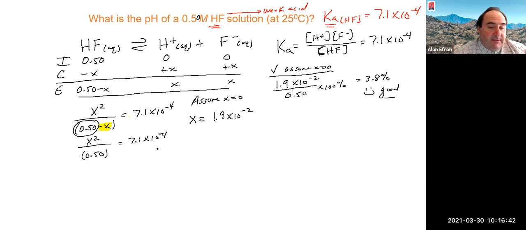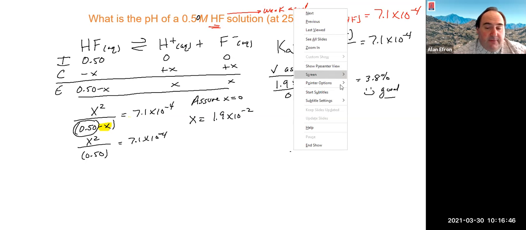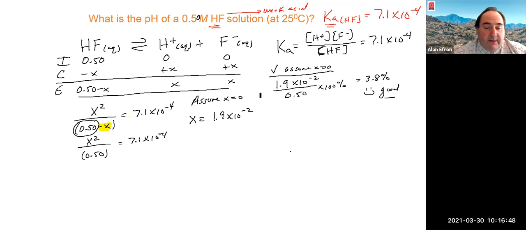So because the assumption is good, if we look at our ICE table to figure out what is going on, we're really interested in the H plus, which does equal x here at equilibrium. So that value right there is our H plus concentration, which technically means it would be molarity.